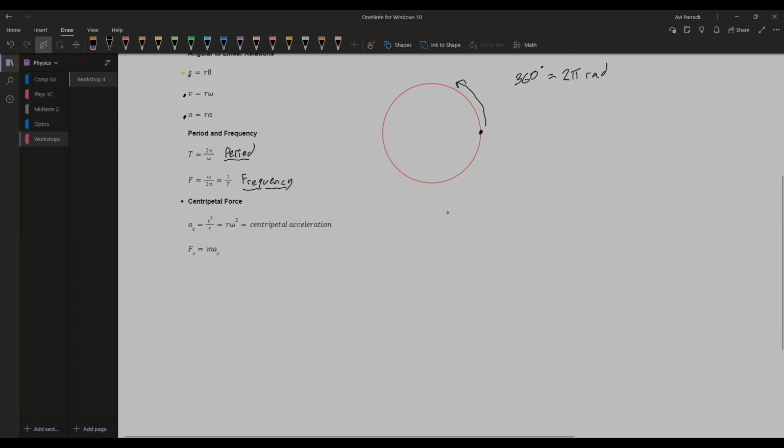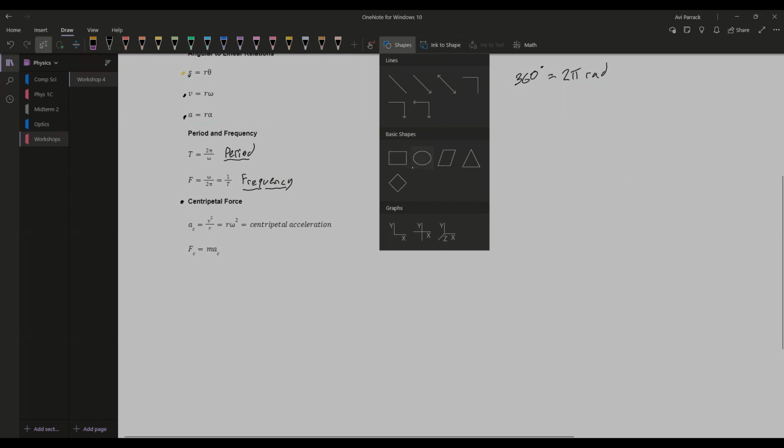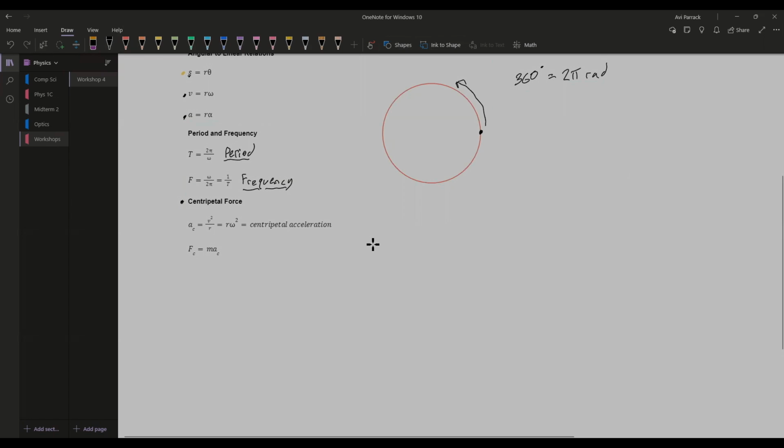Finally, a little bit different is the idea of centripetal force. And this was the one that I think confused me some as a student, mainly because I was getting the centripetal acceleration confused with the linear acceleration, and they're not the same. So let's take a look at that. I talked about the linear acceleration.